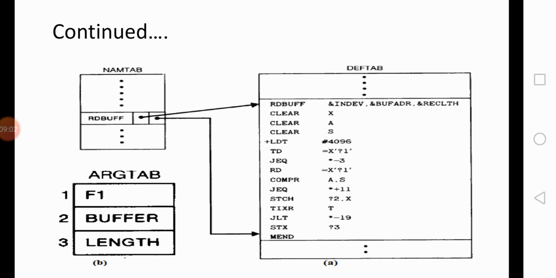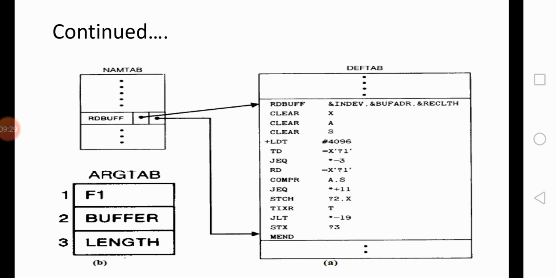According to this particular figure, this shows the definition of RDBUFF. As I told, the name table contains information about whatever subfunction you have used. This figure shows the definition of RDBUFF stored in the definition table with an entry in the name table.